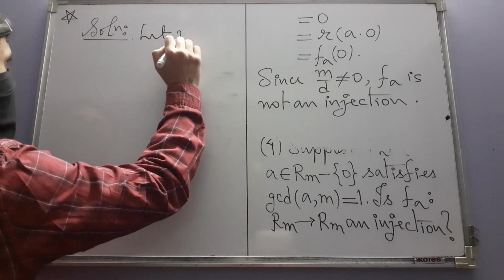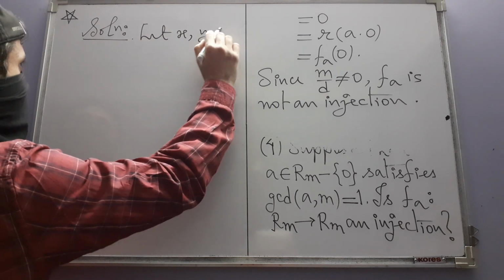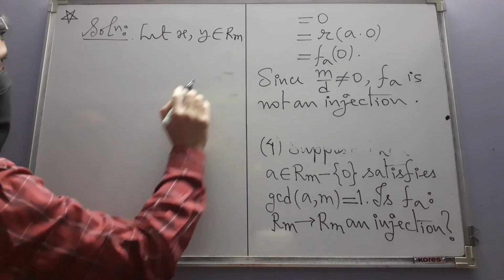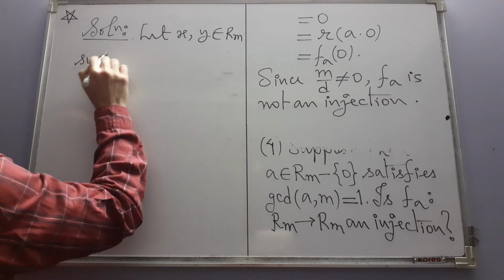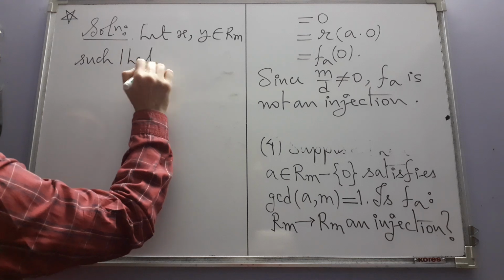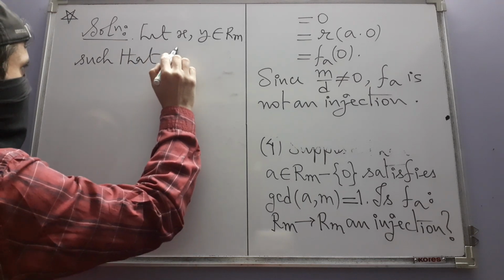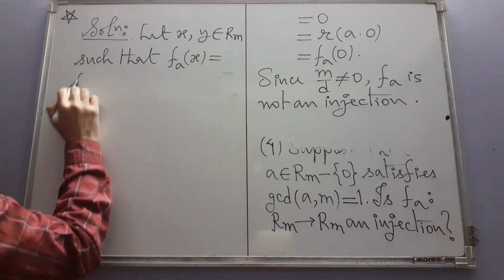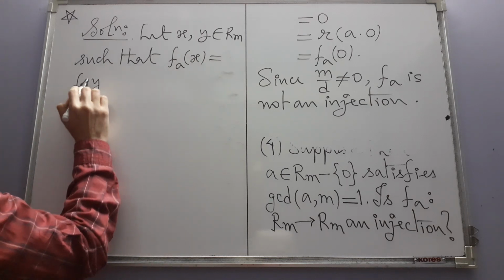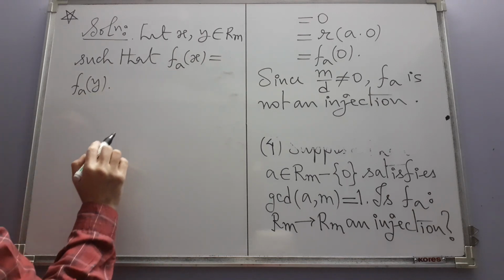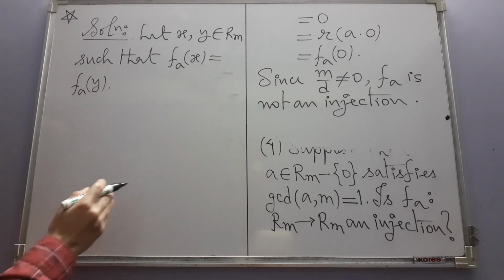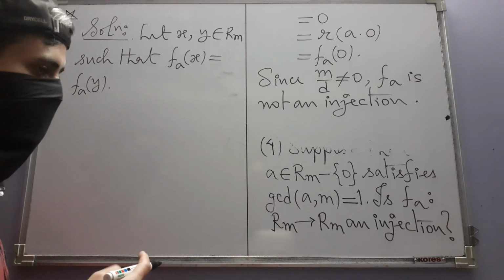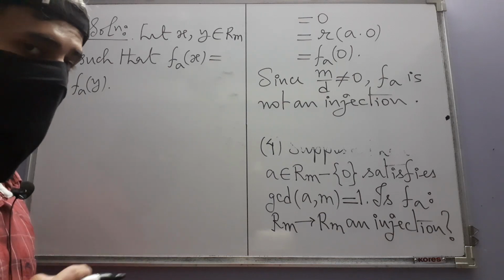So let x and y be two elements in Rm such that fa of x is equal to fa of y. Now we want to prove that x is equal to y, but we can assume without loss of generality that x is less than or equal to y.